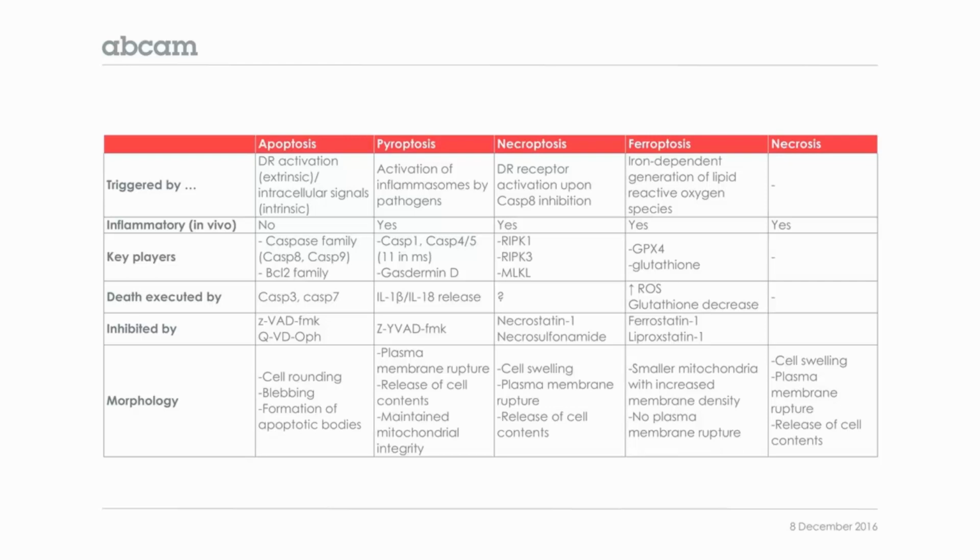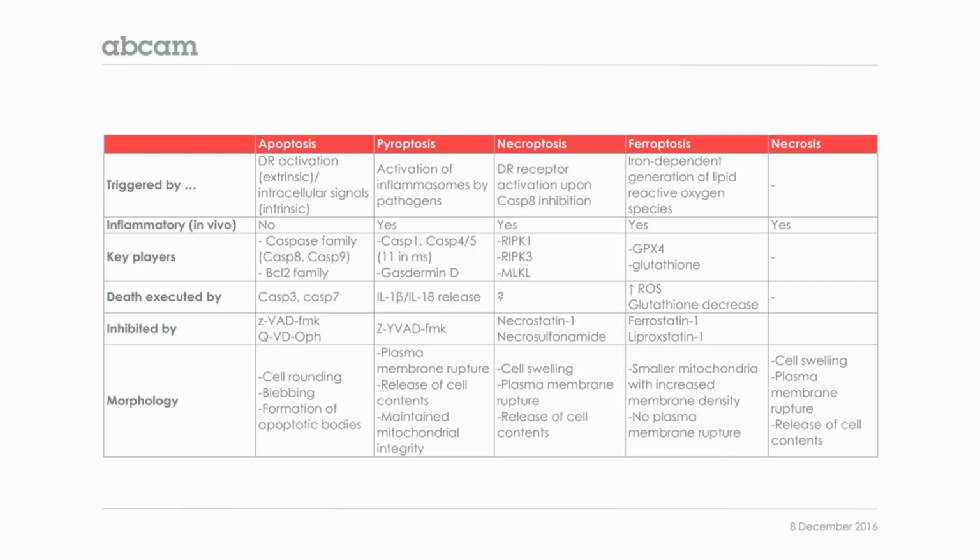Initiator caspases and BCL2 family proteins are the key defining proteins involved in triggering apoptosis. Other caspases, in this case the inflammatory caspases, together with gasdermin D, are involved in pyroptosis. The RIP kinases 1 and 3 and the pseudokinase MLKL are responsible for the onset of necroptosis. Inhibition of glutathione peroxidase 4 and glutathione leads to activation of ferroptosis.